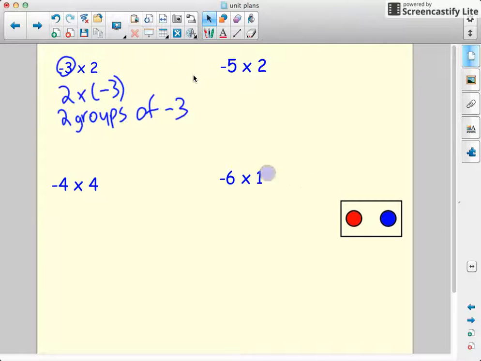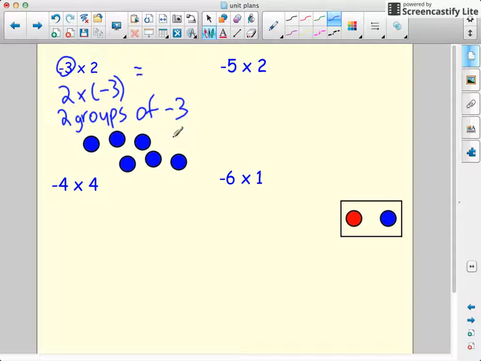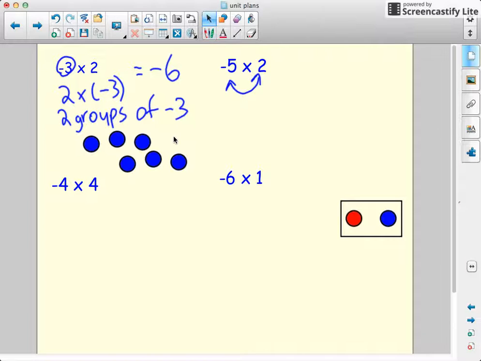So let's quickly model that. That's 1 group of -3. And that's 2 groups. So in total, I have -6. So I can just switch these around if that one's a negative and positive and continue to do it the way I was just doing it.